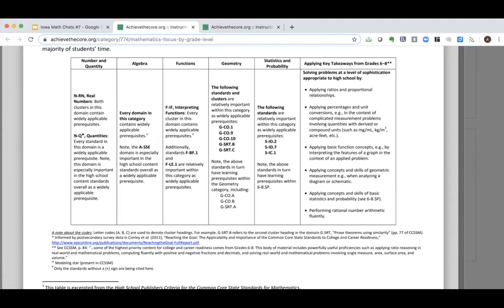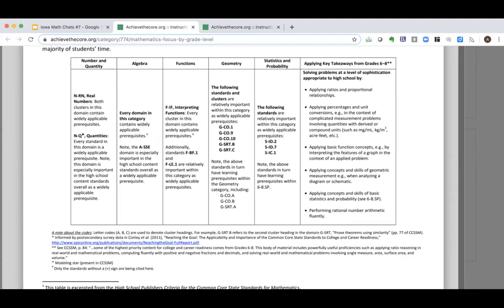Then you see under geometry and statistics that the following standards and clusters are relatively important. And then it says the above standards in turn have learning prerequisites within the geometry category, including these ones. And the same thing for statistics. I am not saying that students do not need geometry and statistics.